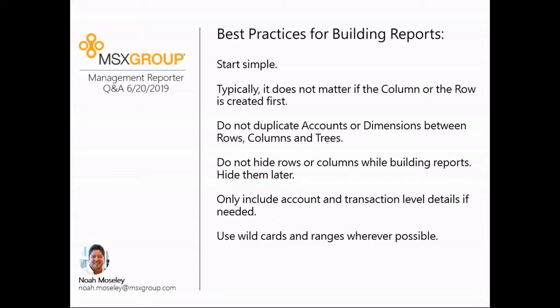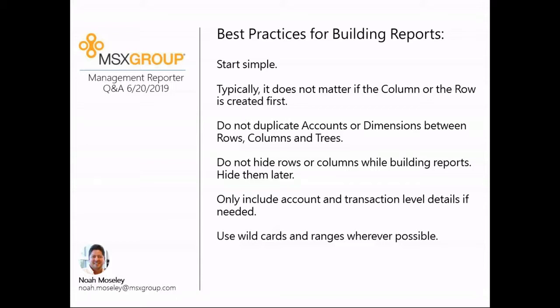Those are your two wildcards when you're referencing account numbers or any of your other dimension IDs inside the rows, the columns, and the trees. Ranges come in really handy as well. You can use ranges to reference any of your account numbers. You can use ranges to reference any of your other dimensions as well, and you can use ranges in the rows, columns, and trees.